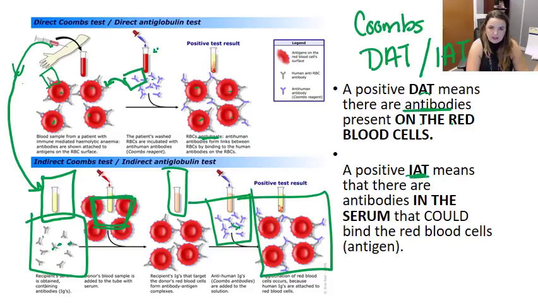And that's the IAT. So IAT means there are antibodies specific for that antigen in the serum, but they have not bound that antigen yet. DAT means the antibodies have already bound their antigen on the red blood cell.